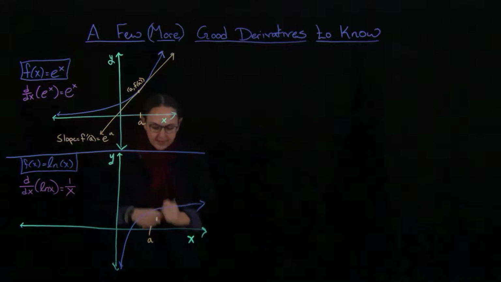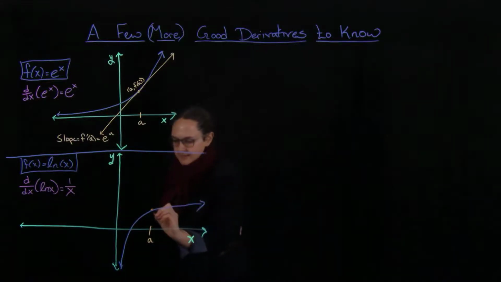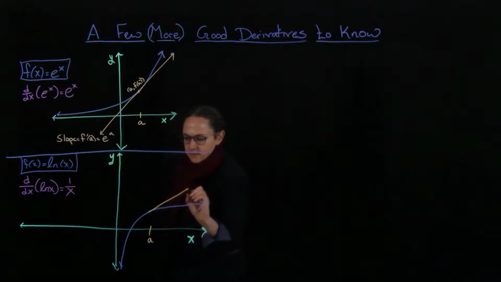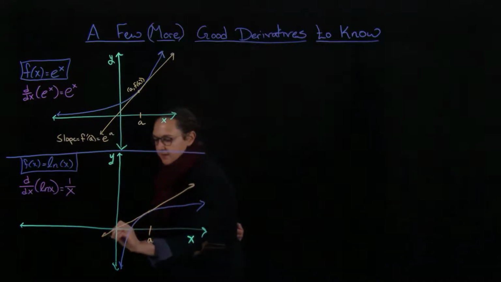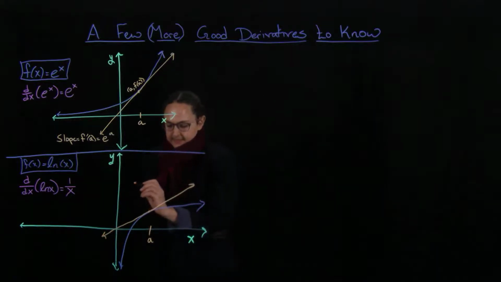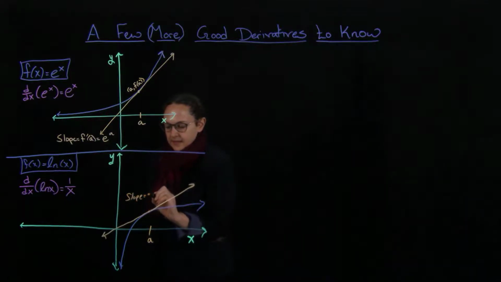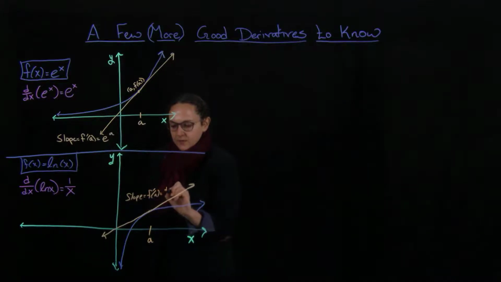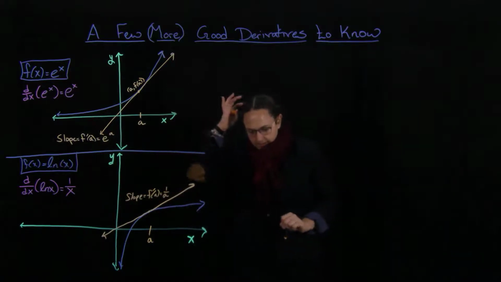And if I look at a point on here like I did there, and I look at the tangent line there, the one that just touches it and approximates it close by, then the slope of this tangent line is going to equal f prime of a, which equals 1 over a, just like that's 1 over x.